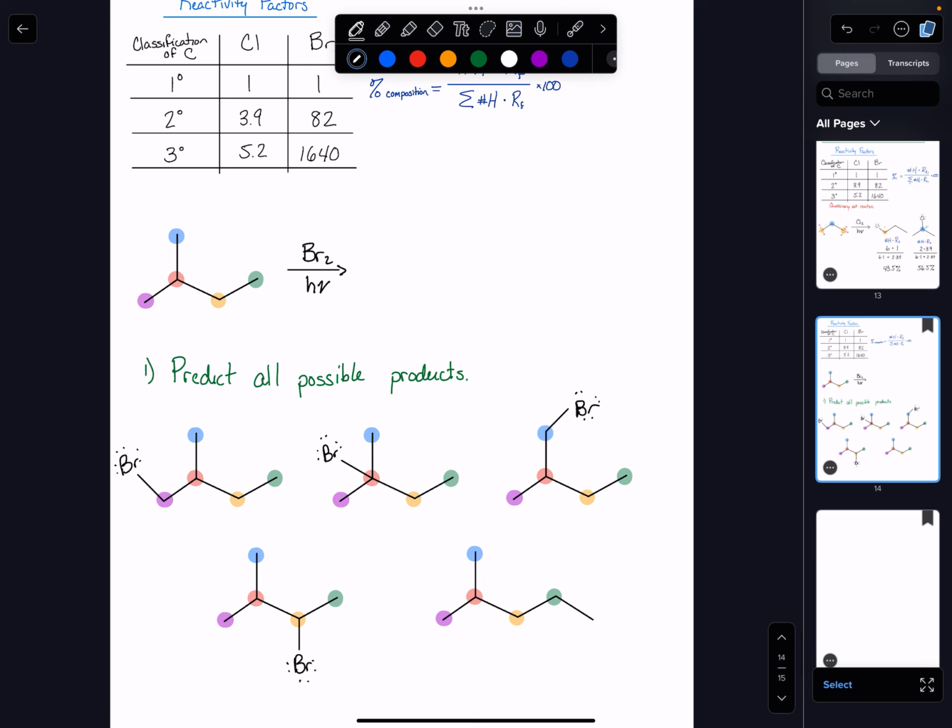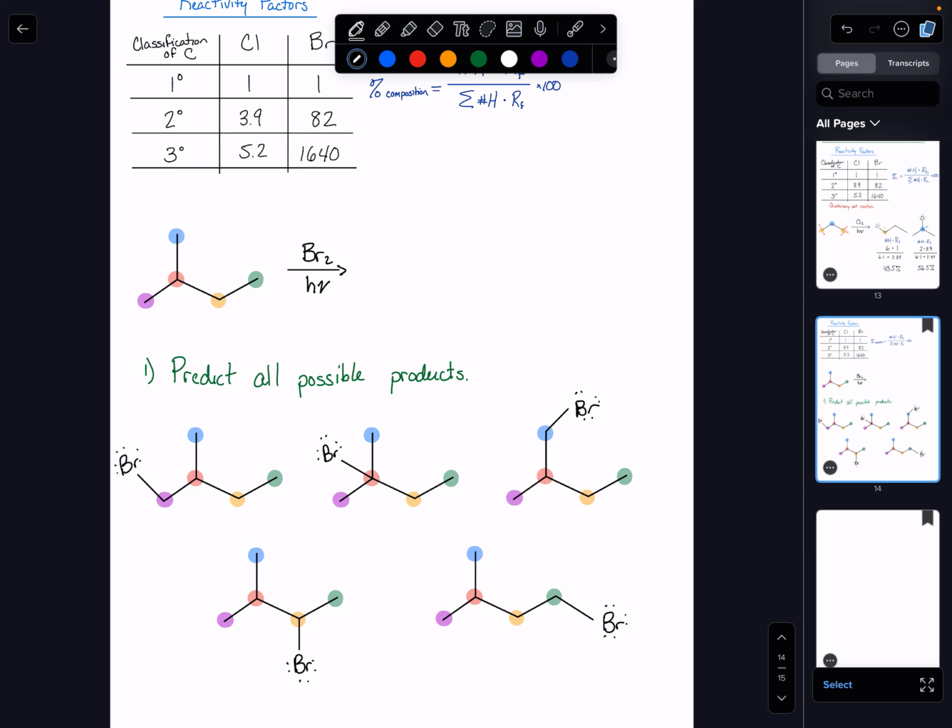And over here. Okay, so because I have 5 carbons, I could have a maximum of 5 different products in this reaction. But now I want to go through and make sure that I don't have any duplicates.